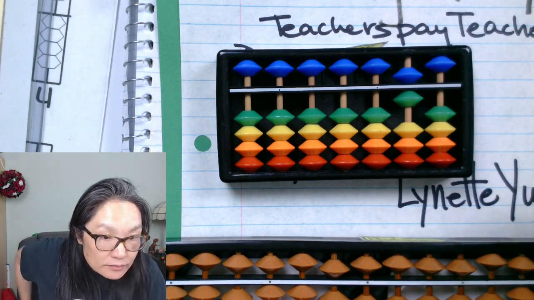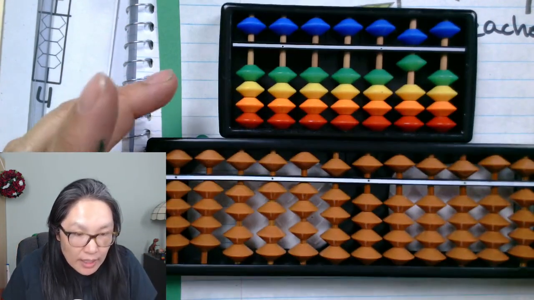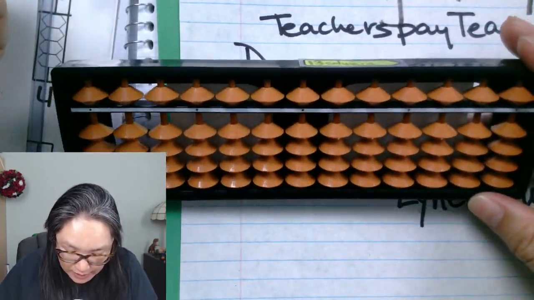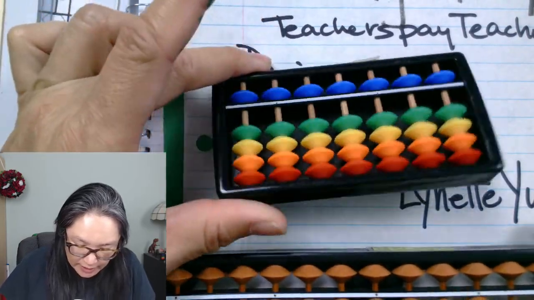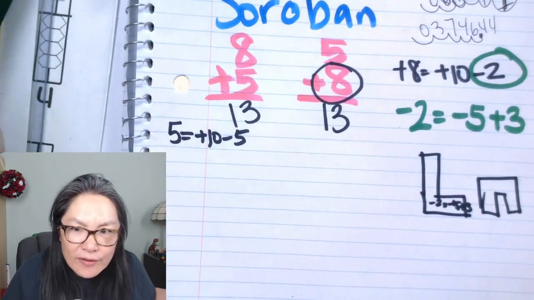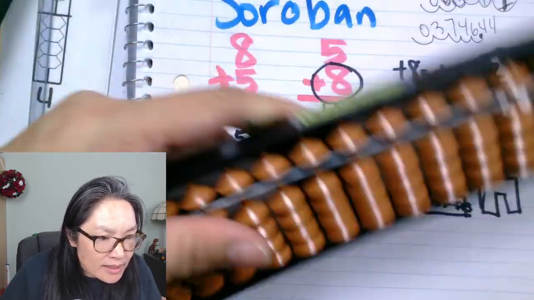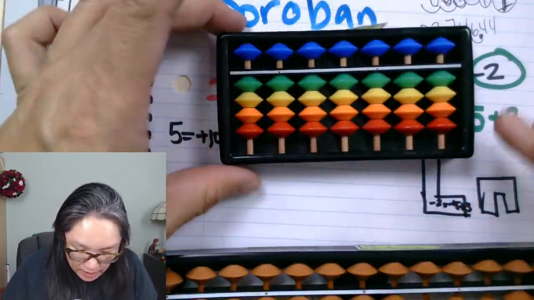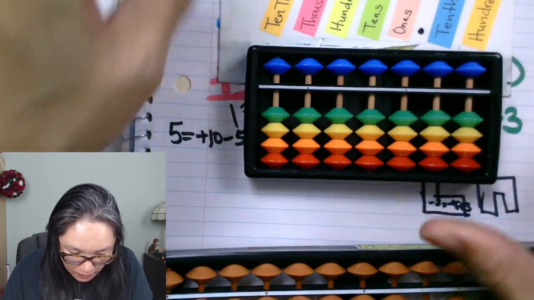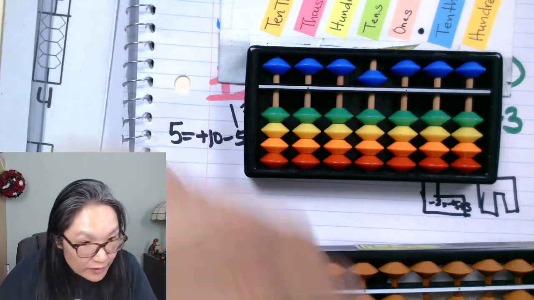Exactly. So, Mimi, I don't know if you have a Daiso around you, but you can get this one over there. Oh, you might be able to find it in the TikTok shop. In the tens place is 50. Yes, exactly. So if we have the tens place, we have our ones, we have our tens. That would be 50.